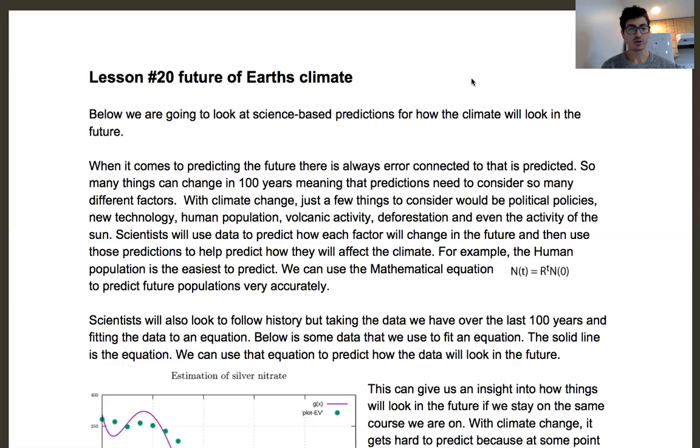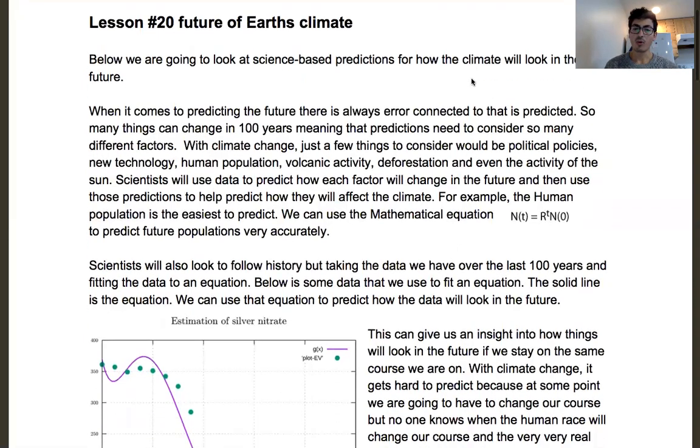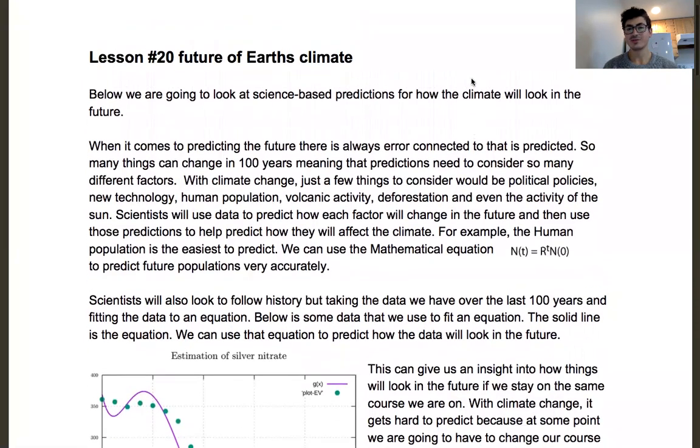But if we said, okay, we're going to do that for the next 10,000 years, well, right now we're increasing by probably more than 1 million people a year. So that pattern would not fit. So as things change, you want to change your predictions and your models to match the new data that's coming out.